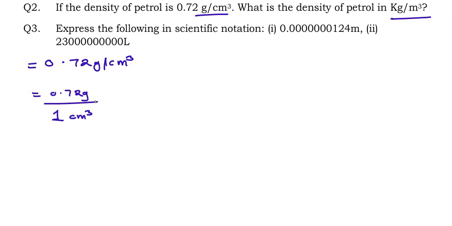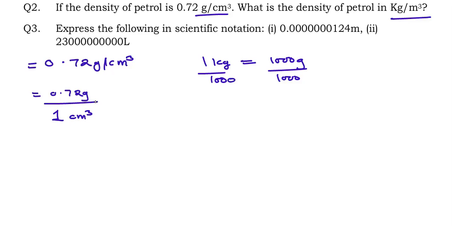And the conversion factor, you know that 1 kg is equal to 1000 grams. So this means to say that to have 1 gram, we have to divide here by 1000. We also divide by 1000 here.